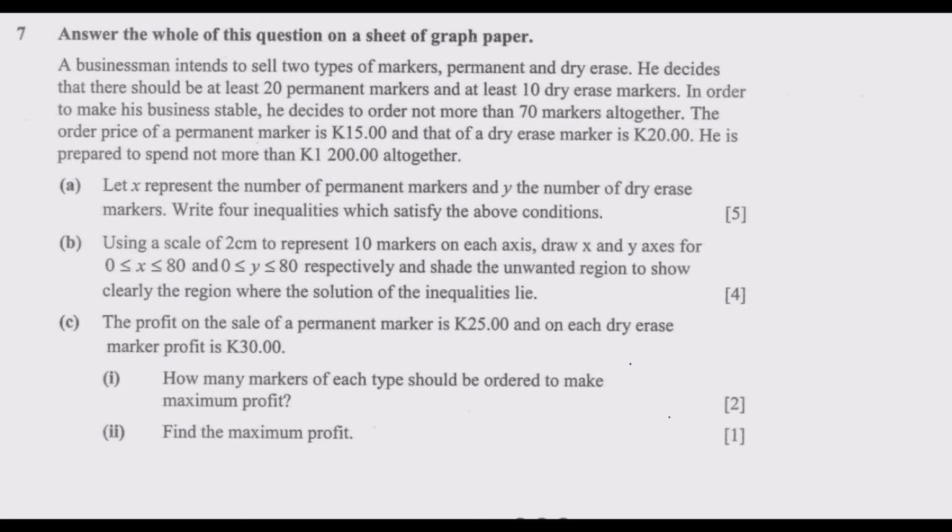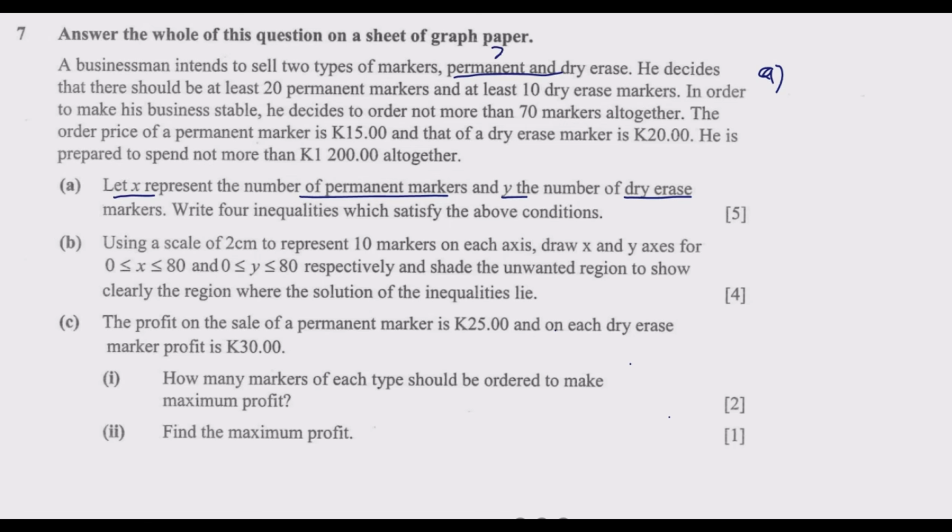Question A tells us that X is representing the permanent markers and Y is representing the number of dry erase markers. Given that, we need to form 4 inequalities. So let us start with A. The first thing that we know is that a businessman intends to sell 2 types of markers.